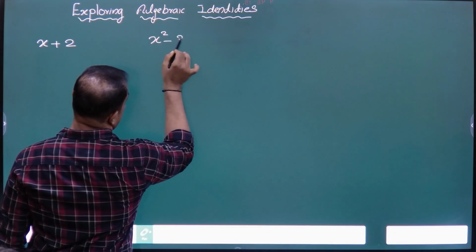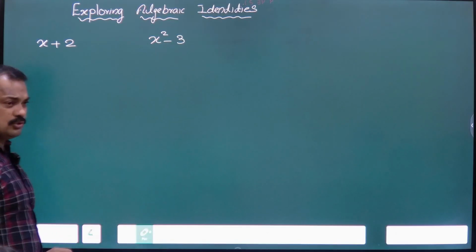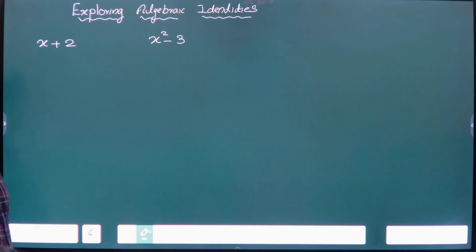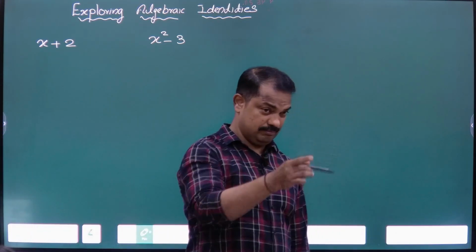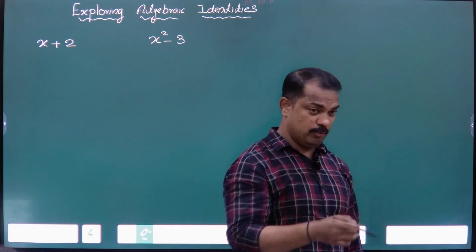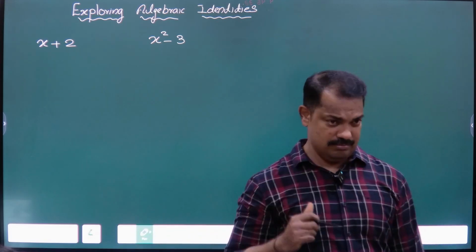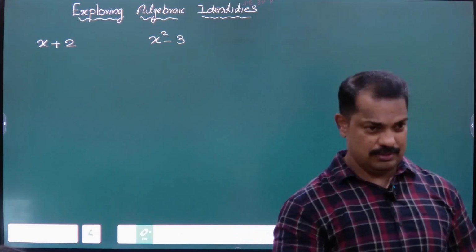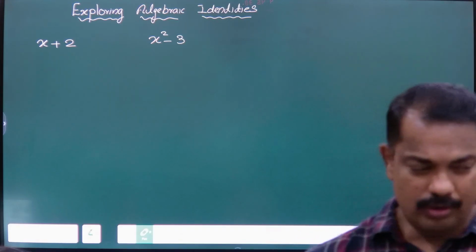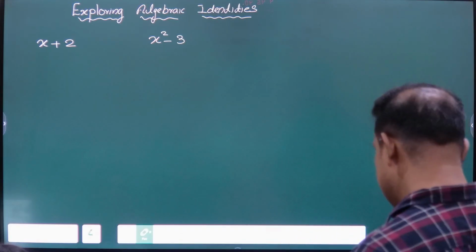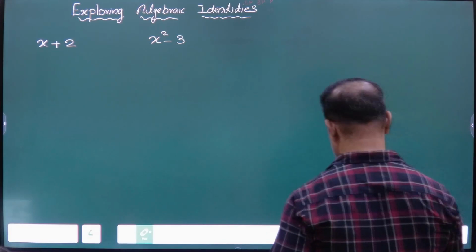X square minus 3 is also a polynomial. What type of polynomial is it? Quadratic polynomial, because degree 2.